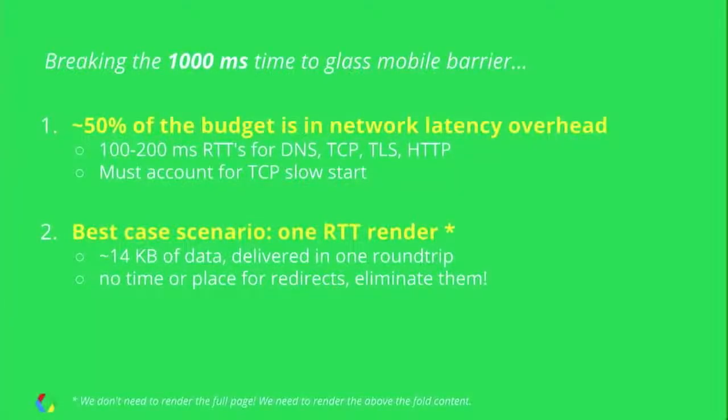So kind of the first interesting takeaway. If we're looking to build these experiences where you have responsive sites that can keep the user engaged and you want to respond to them within 1,000 milliseconds, you have to throw away basically at least half of that budget. This is optimistically on the latest, even the latest 4G network, just to network latency. So you don't have much room to work with here.